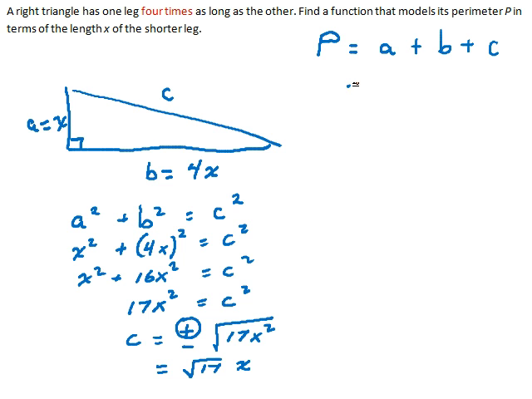So the perimeter is x plus 4x plus the square root of 17 times x, which can be simplified as 5x plus the square root of 17 times x, or 5 plus the square root of 17, times x.